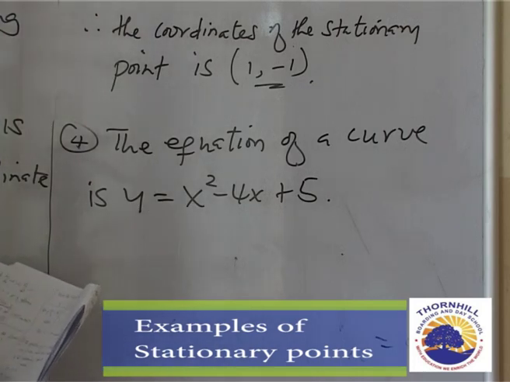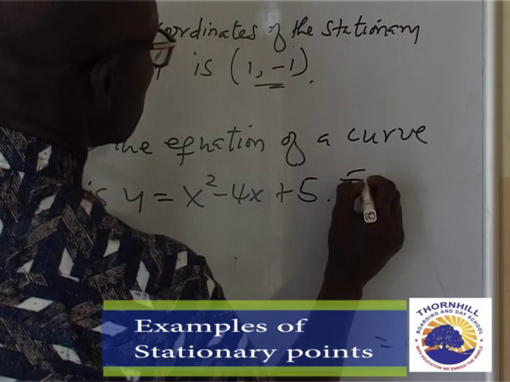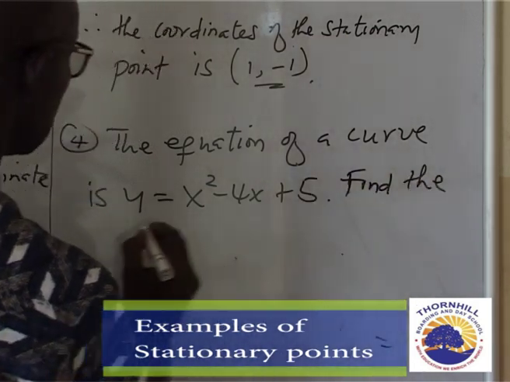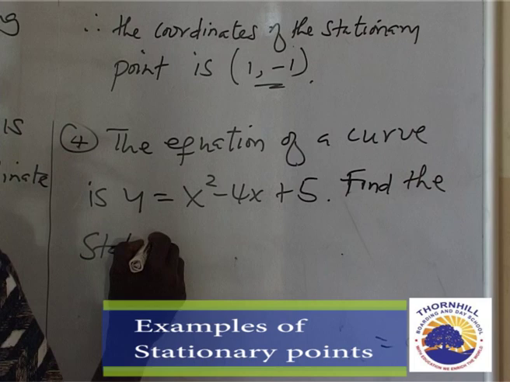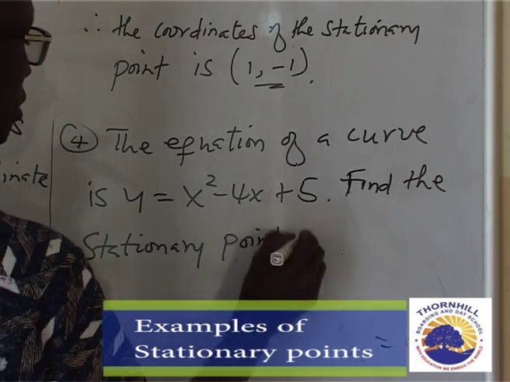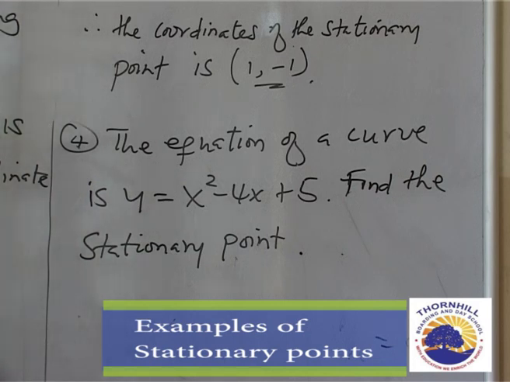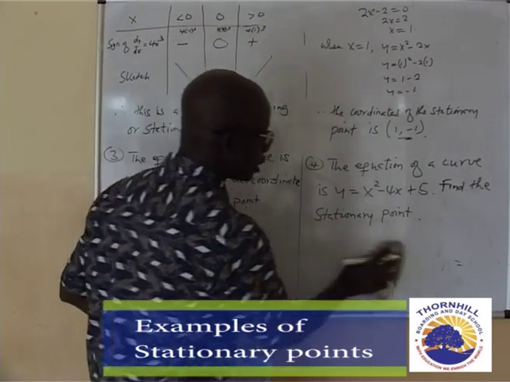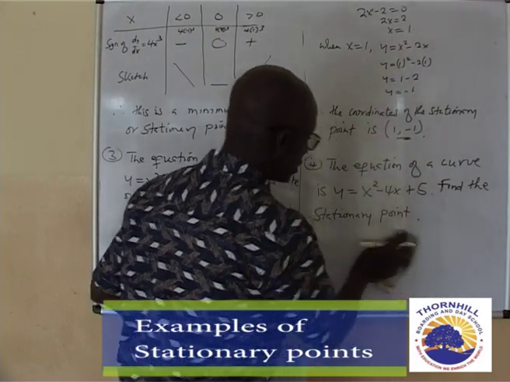Find the stationary point. So this question comes in different forms. Find the nature of the turning point. Find the coordinates of the stationary point. Find the stationary point. All questions on this same topic.